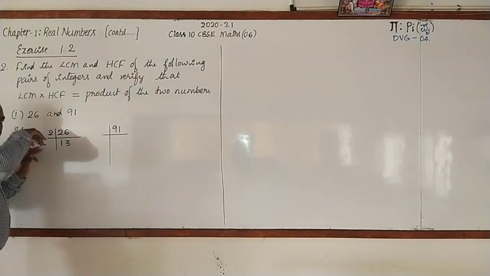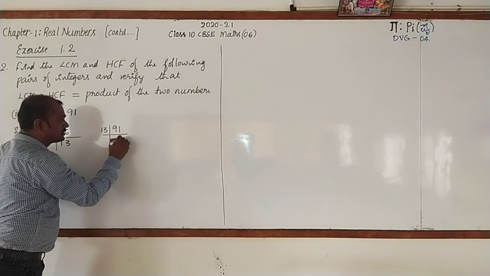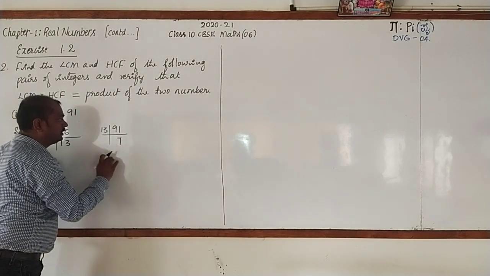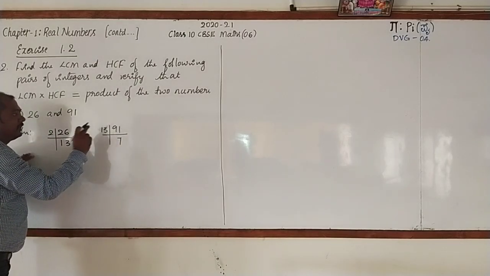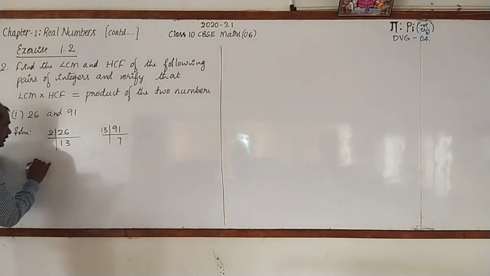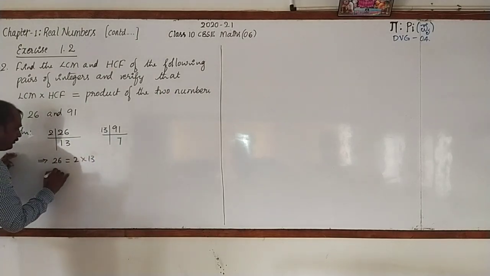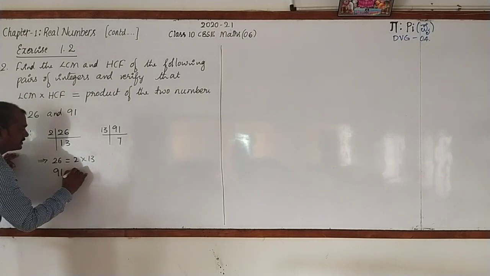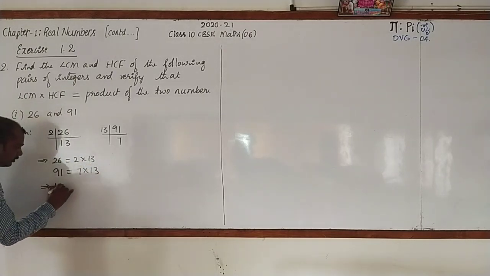You can go for taking 13. 13 7s are 91, is it not? Because it is a multiple of 13. Now we can write the prime factorization of 26 as 2 into 13 and the prime factorization of 91 as 7 into 13.